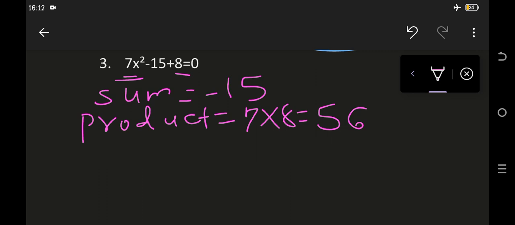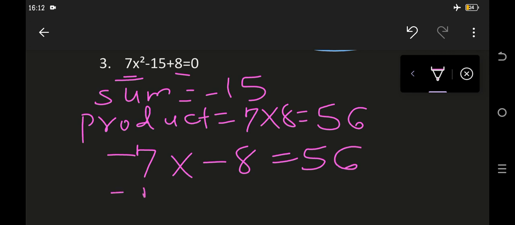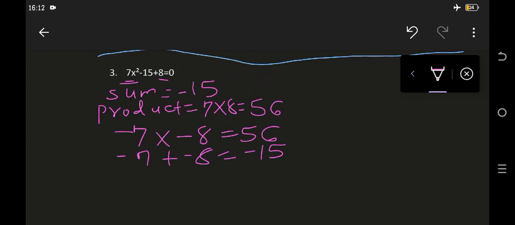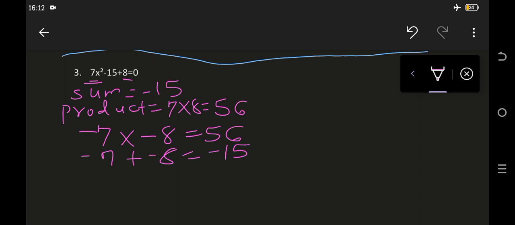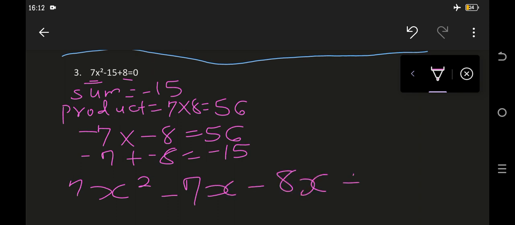So our numbers will be negative 7 times negative 8 giving us 56, and negative 7 plus negative 8 giving us negative 15. Let us proceed to expand that. You will have 7x squared minus 7x minus 8x plus 8 is equal to 0.